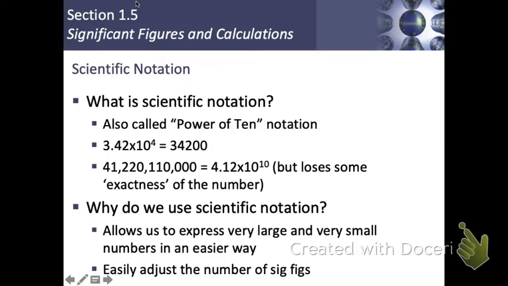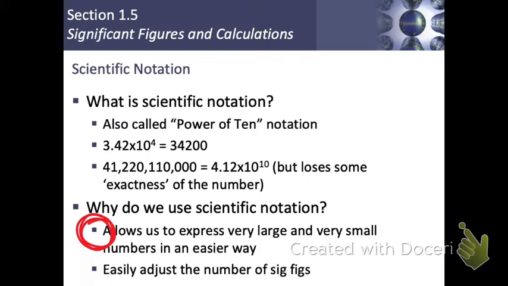How comfortable are we with scientific notation? A little bit, not so much. Okay. So what do we use scientific notation for? It allows us to express really big and really small numbers in a more manageable way.